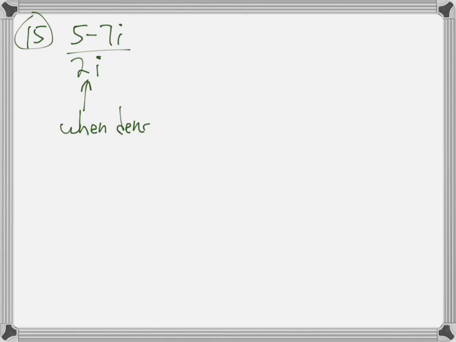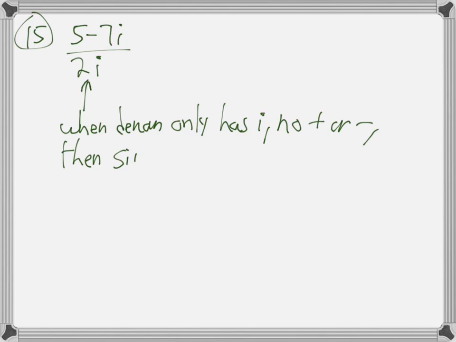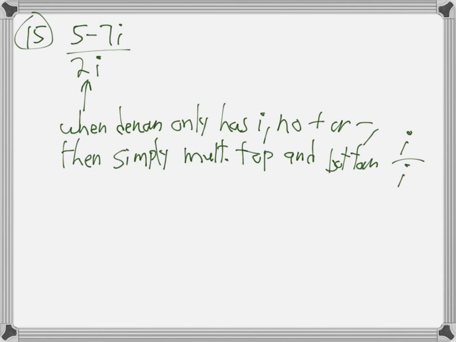When the denominator only has i, no plus or minus, then simply multiply top and bottom by i over i. You don't even need the 2. It's not glued. That 2 is not glued to the i. I don't need that 2.